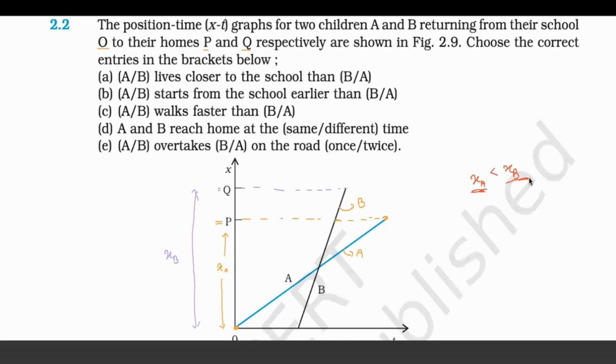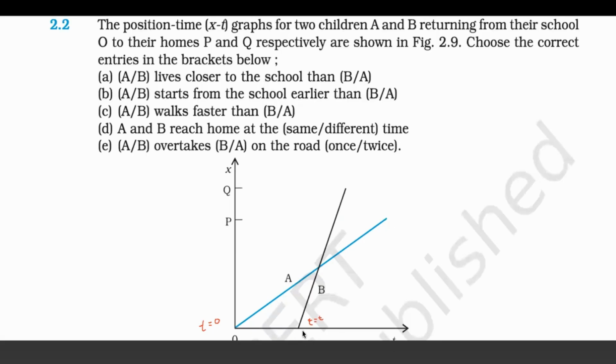Now, let us check the second part. Who starts earlier from school? A starts at time t equal to 0. When does B start? He waits for some time and then starts, so B starts at some time t. A starts at t equal to 0, whereas B starts at t, and of course time is positive.